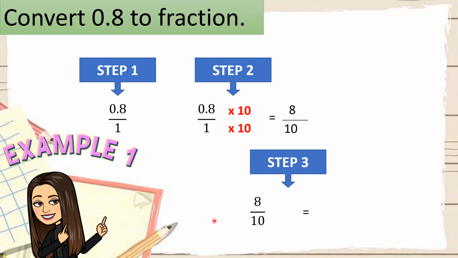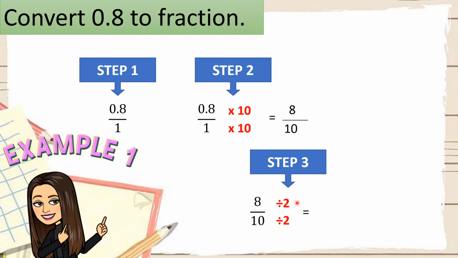How are we going to simplify 8 over 10? You have to think of the common factor or the greatest common factor of your numerator and your denominator. What do you think is the greatest number that can divide both 8 and 10? So, we can simplify this by dividing our numerator and our denominator by 2.